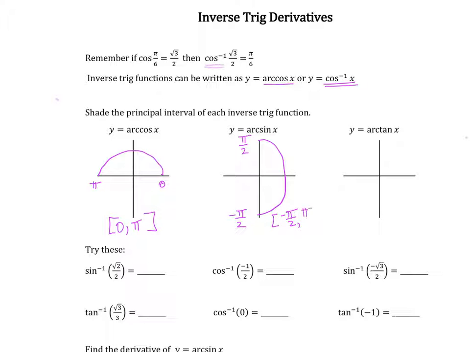And arctangent was the same interval, negative pi over 2 to pi over 2. Now, you're not going to give those because I probably wouldn't ask you about arctan of undefined. So that's why they're open brackets at the pi over 2's, because tangent is not defined there. But as far as the quadrants, you look at the same for arcsine and arctangent.